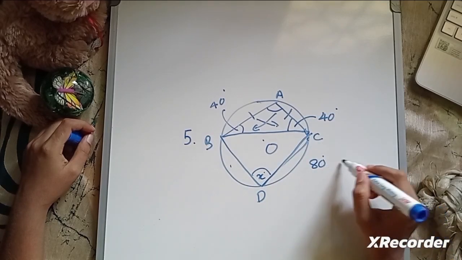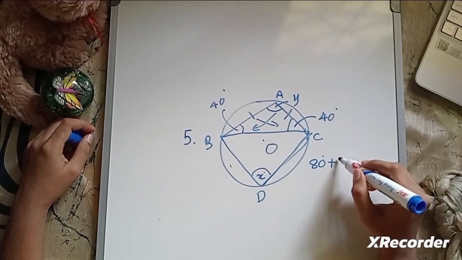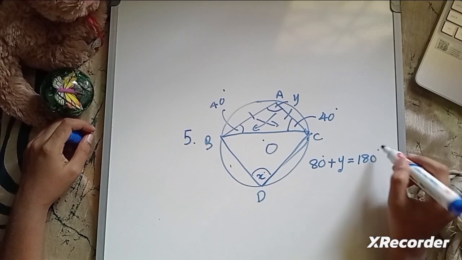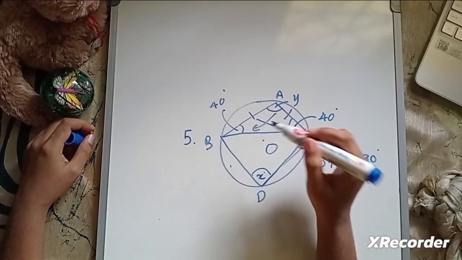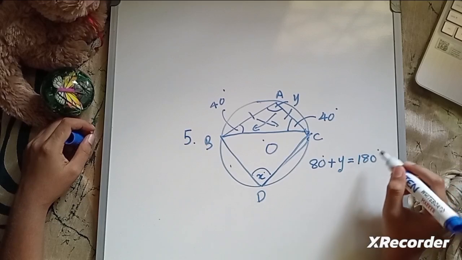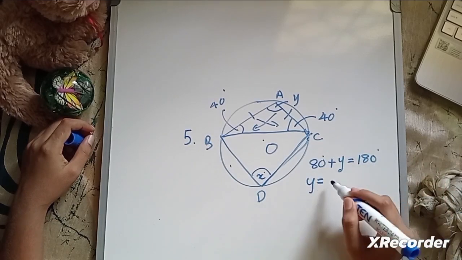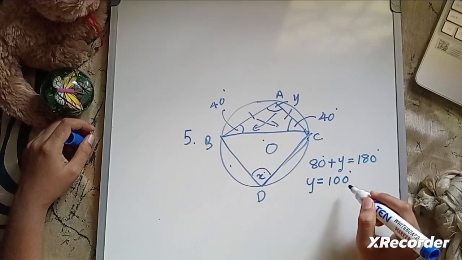Then this angle, let's say y, equals 180 minus 80, since the sum of all three angles in a triangle is 180 degrees. So we can say y is 100 degrees.